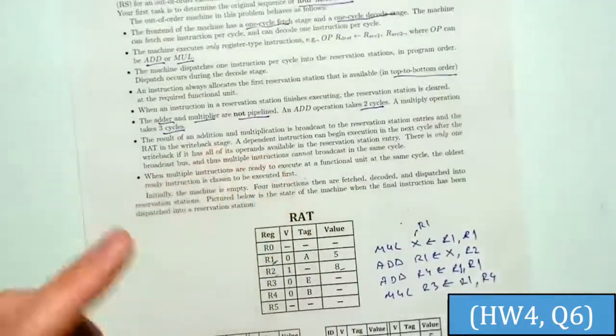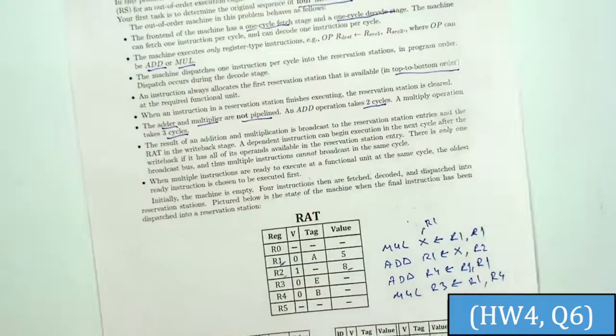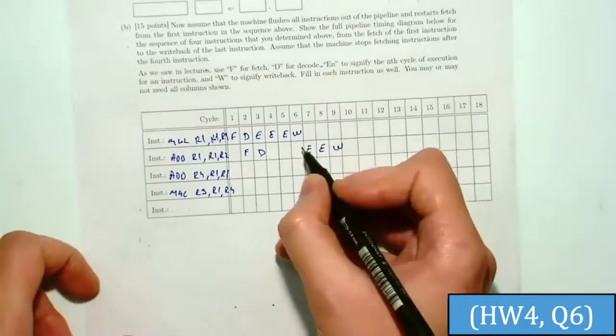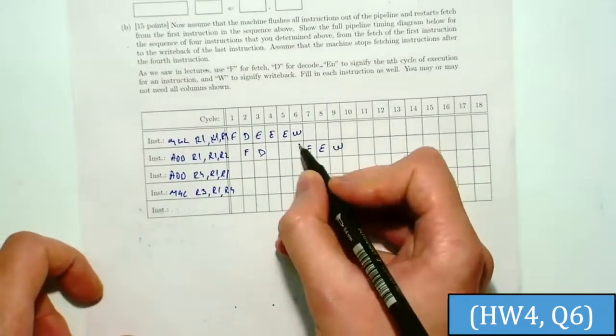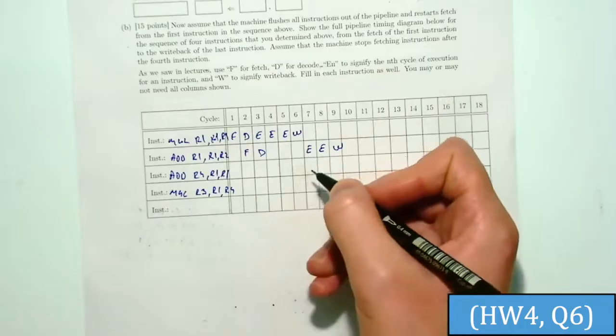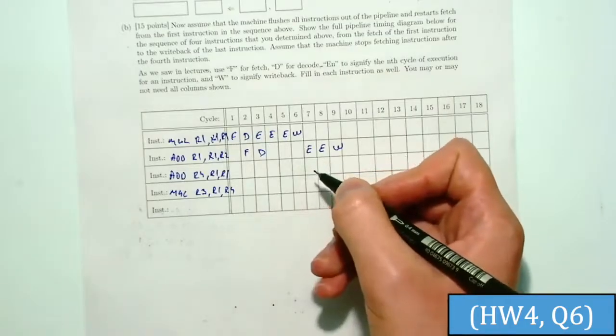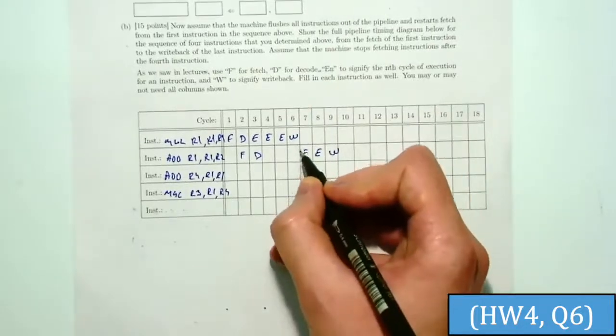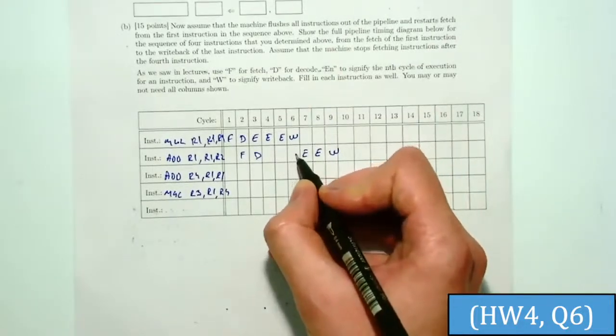So in the question, this information will always be provided. So try to find this part to determine whether execution can start at the same cycle in which the destination register is written, or it can start after it. So in this specific question, it cannot start, so I cannot put E here.